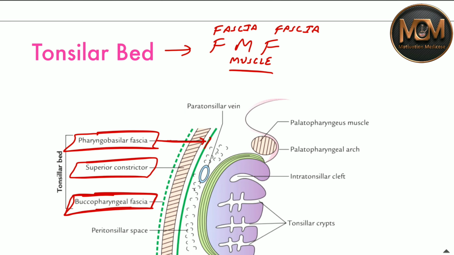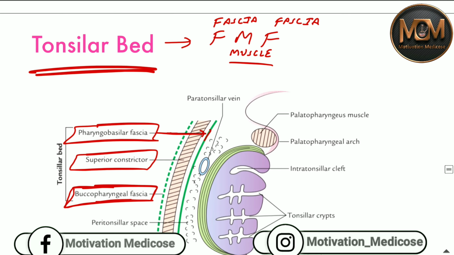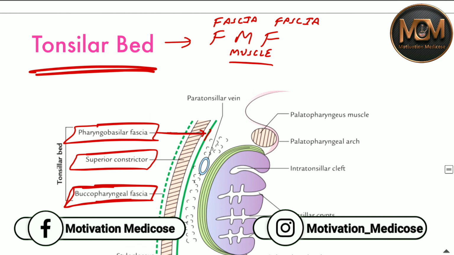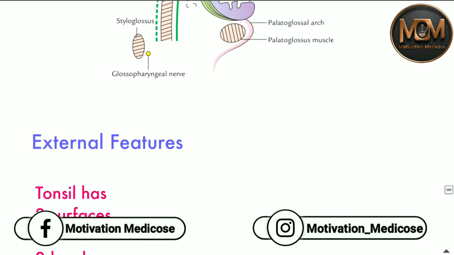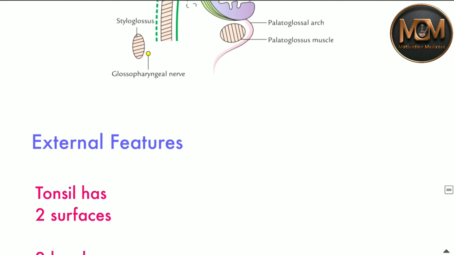These two are modifications of the deep cervical fascia. So these three structures, the pharyngobasilar fascia, superior constrictor, and buccopharyngeal fascia, form the tonsillar bed.